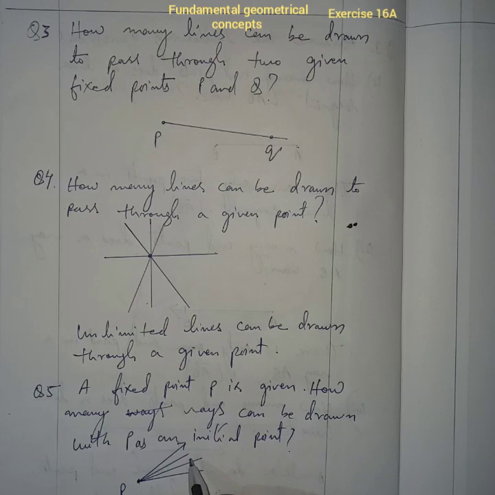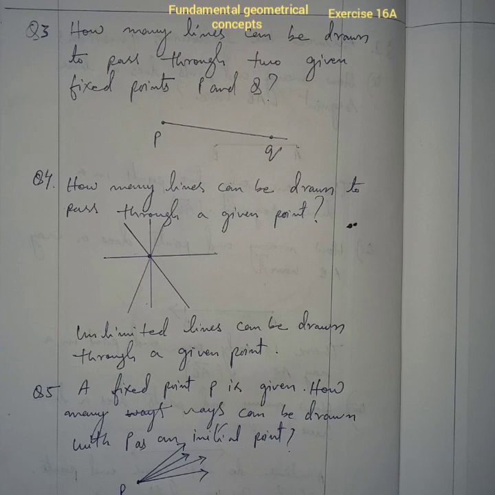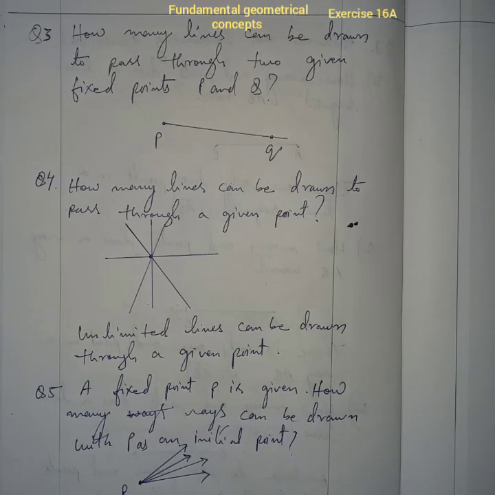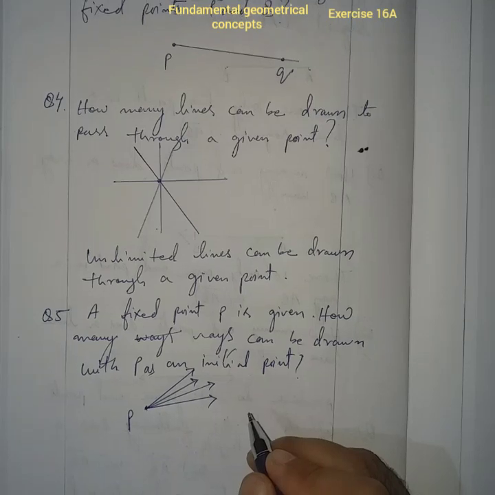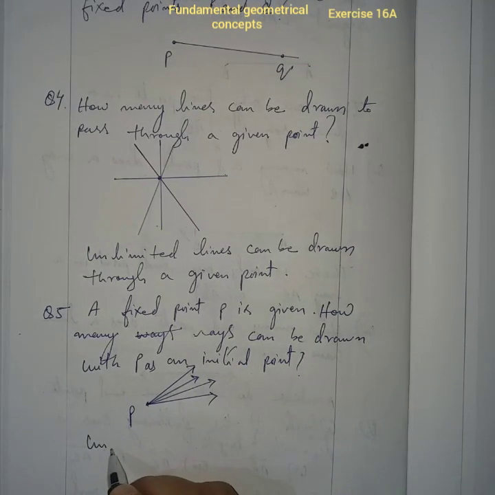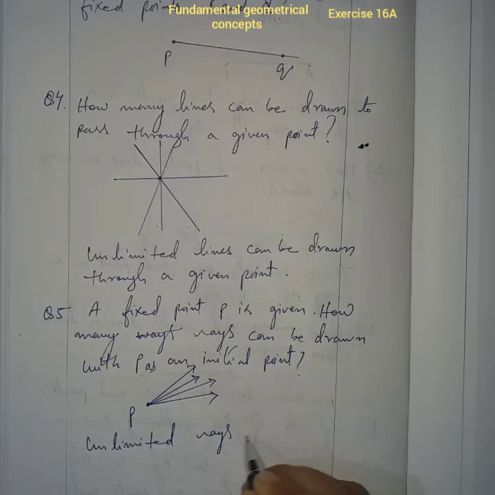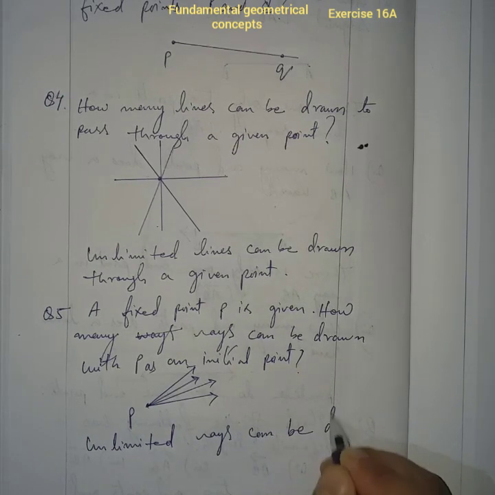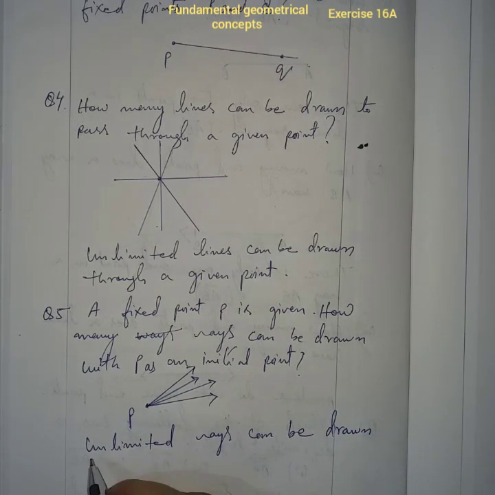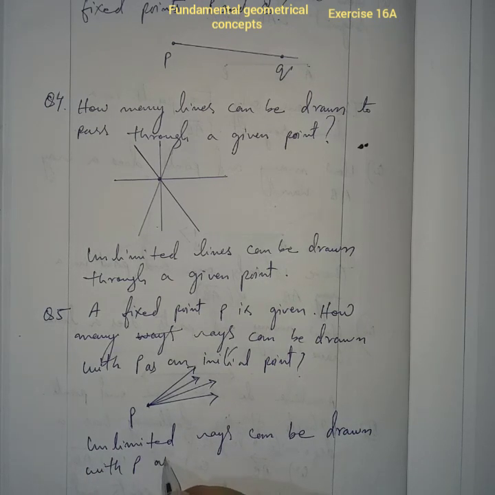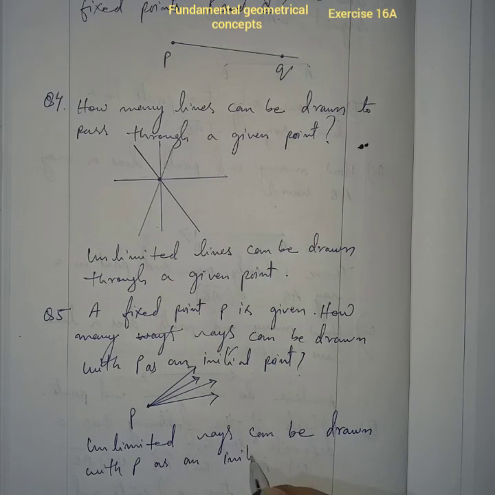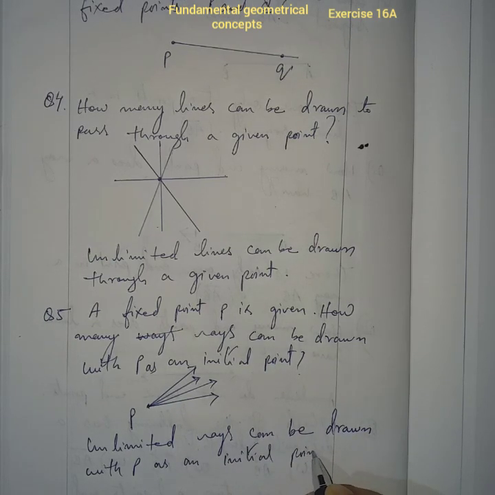These all are rays, okay, coming out from this point P. So here what we can say, unlimited rays can be drawn with P as an initial point.